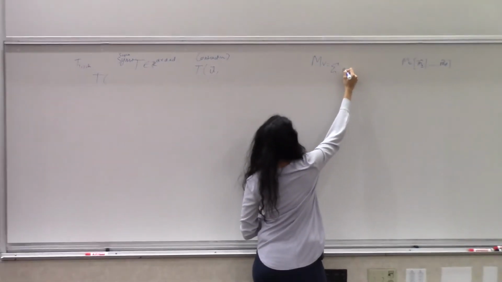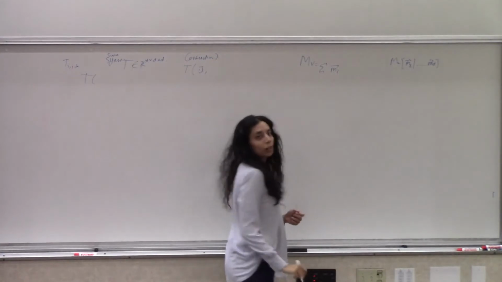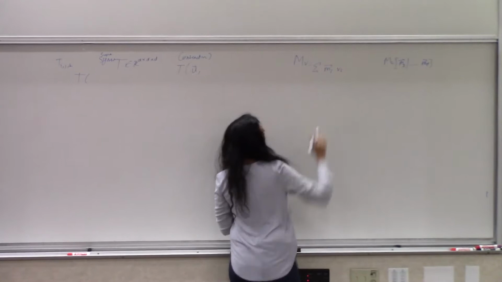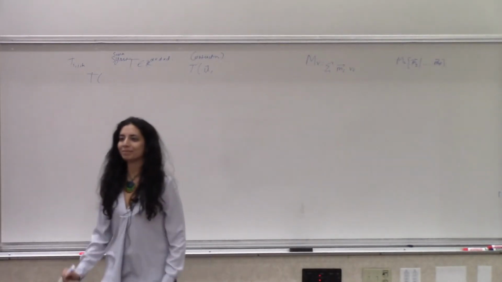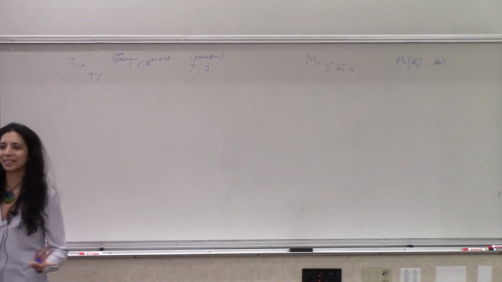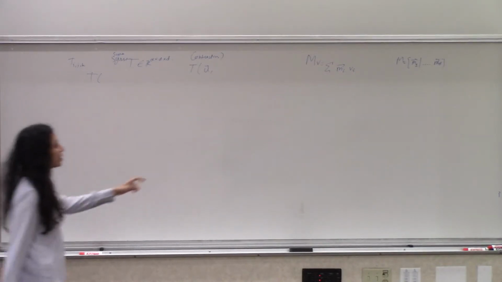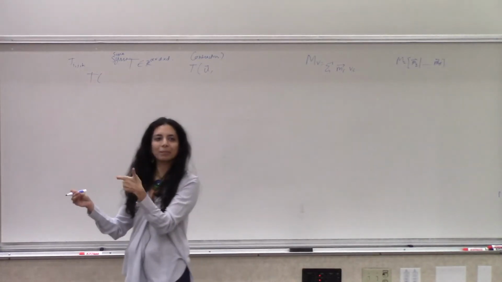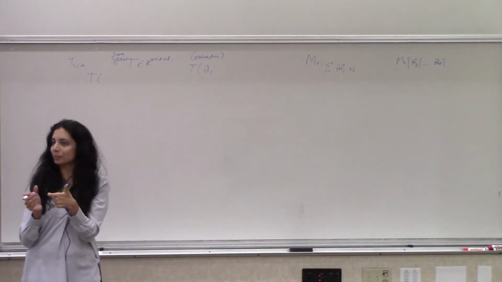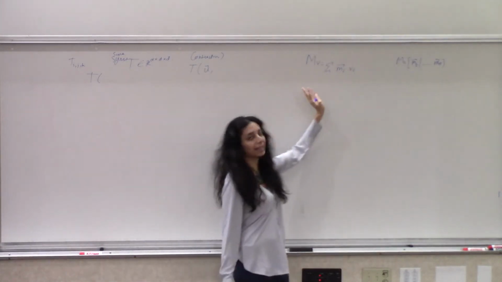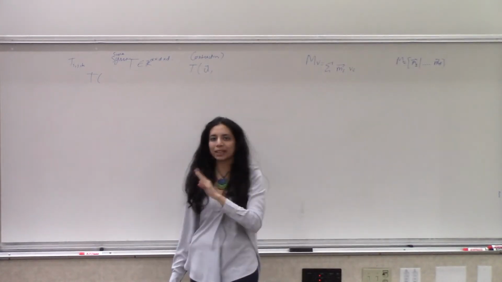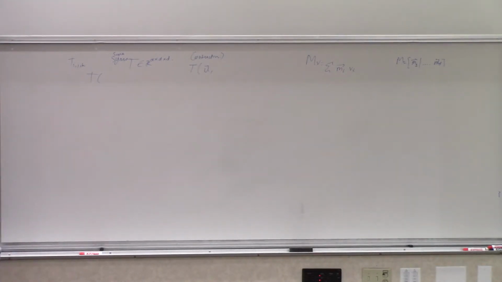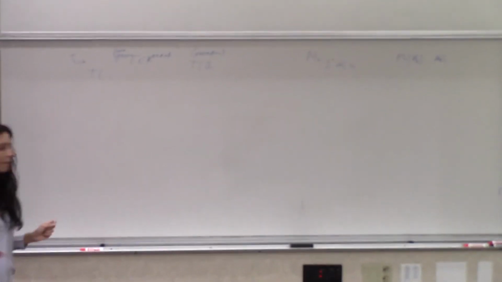I can write it in terms of the ith column of M with value Vi, the ith entry of V, and I'm just rewriting the matrix vector product. But this interpretation is useful because I'm selecting each column of the matrix, multiplying it with the entry of the vector and taking a linear combination. So what I'm doing here is a linear combination of the columns. That's what a matrix vector product is. Everybody comfortable with that?